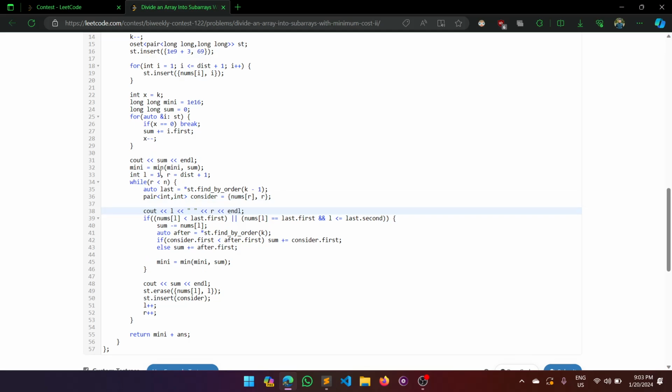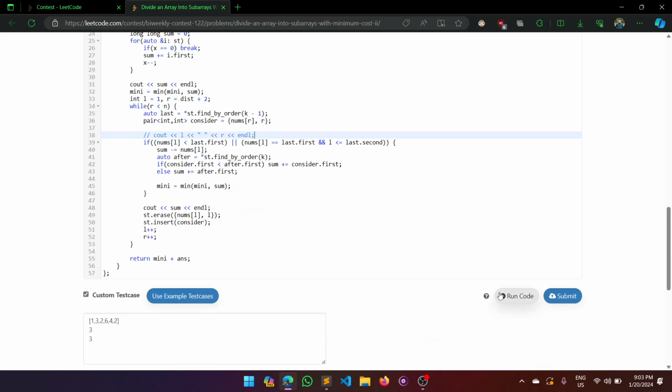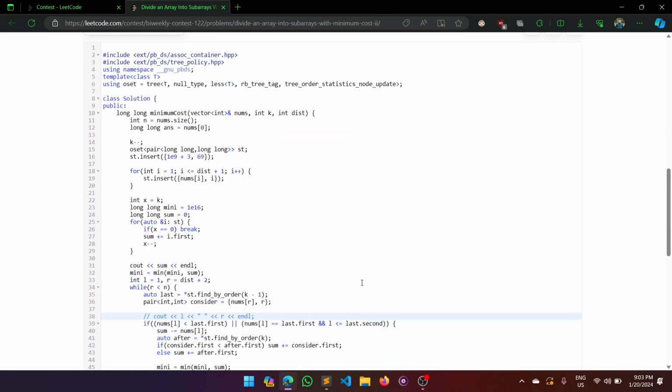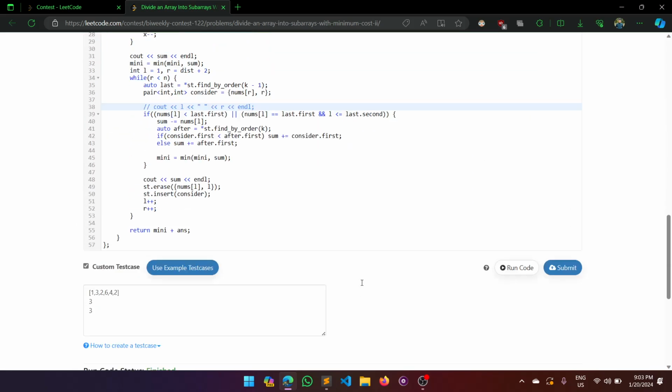Okay. L and R will change as well. Yeah, dist will become dist plus 2. Right. Cool.